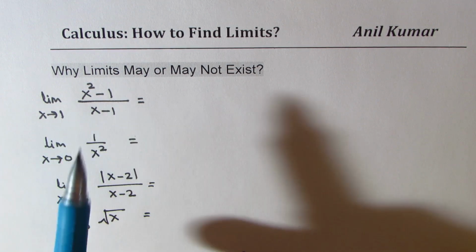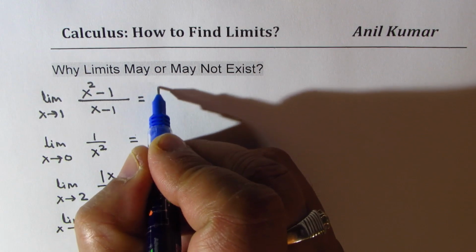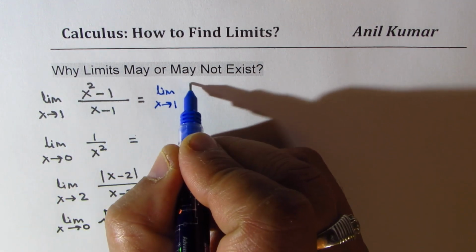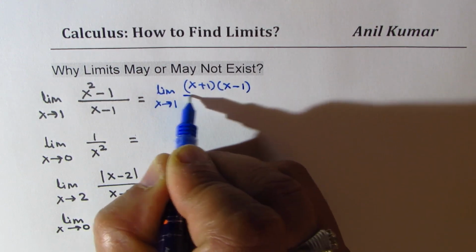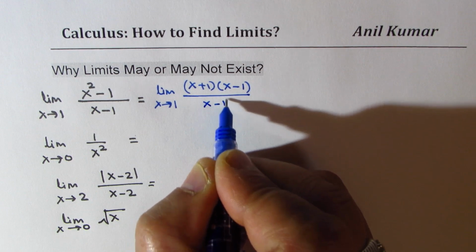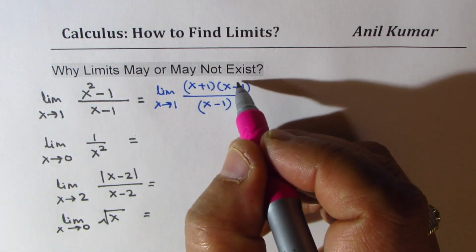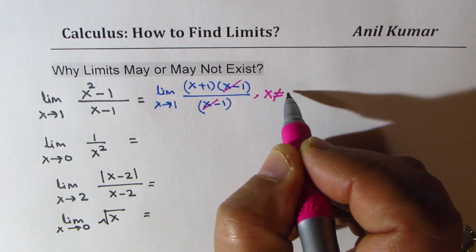Now the first one is, you could actually rewrite this as the limit as x approaches 1. Factor this out, we get x plus 1 times x minus 1 divided by x minus 1. And now you could cancel x minus 1 and x minus 1. Of course, x is not equal to 1.